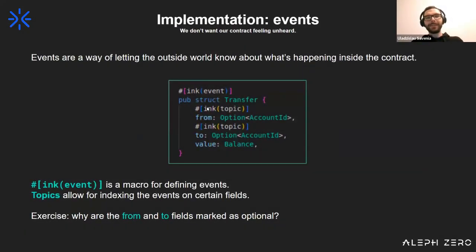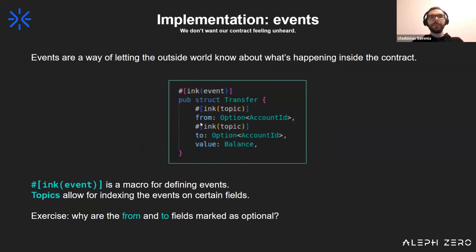And here is how we define the event for ink. It's also a structure, but we call upon the ink event macro on top of it, so it would know that it's an event. Inside the event are the values which would be shown when the event is emitted. And for those values which you want to be indexed, you would put this ink topic macro on top of them.